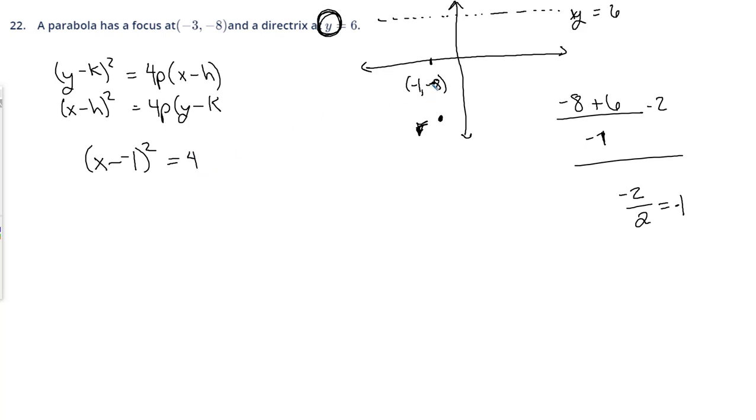What is my p? What is my distance from my vertex, which is not written in there correctly, -3, -1, to my focus, which is at -3, -8?